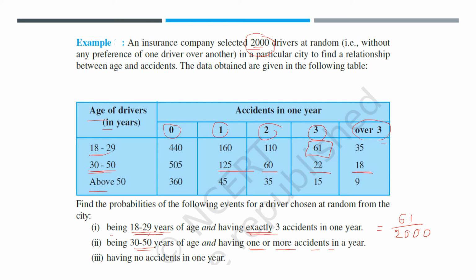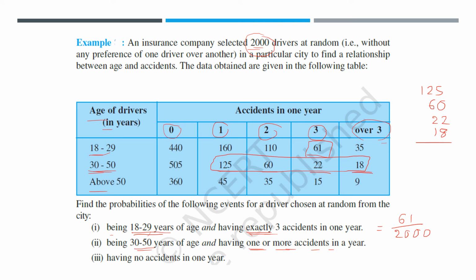All these 4 fit our favorable outcome criteria. So let's do that math here. I'm going to do it a little slow because my pen is not helping here. 125, 60, 22, 18. So what's the sum here?